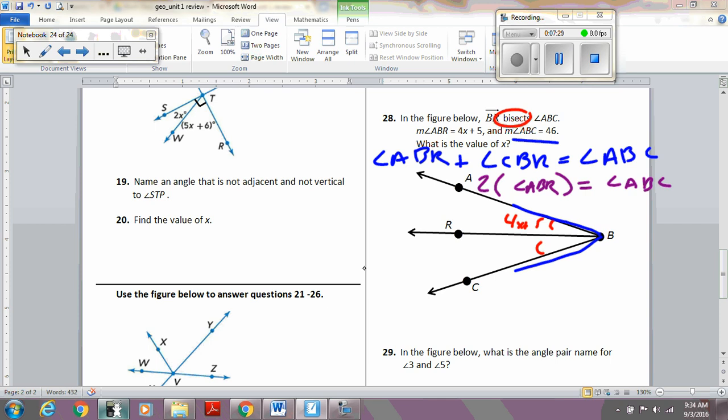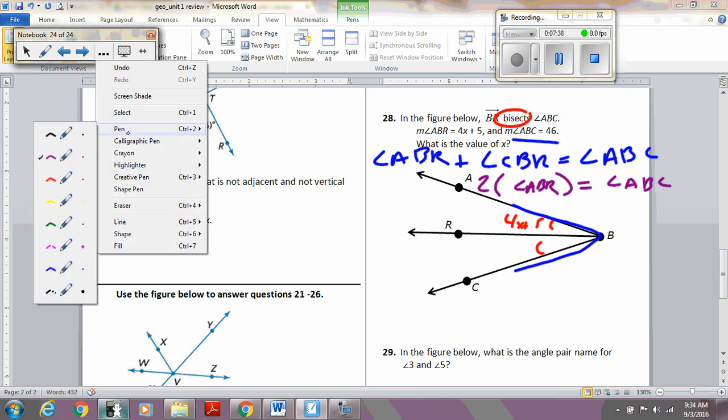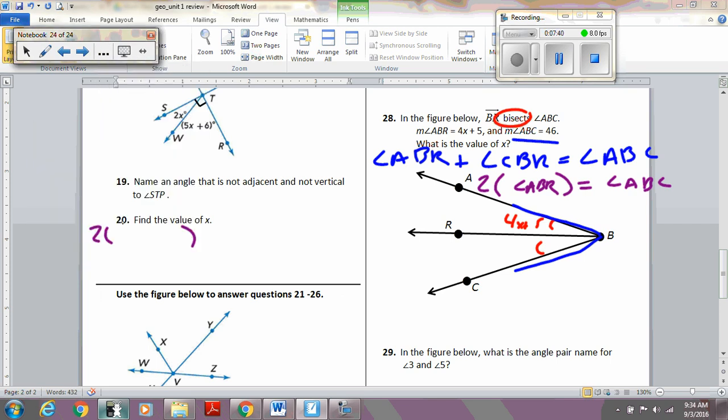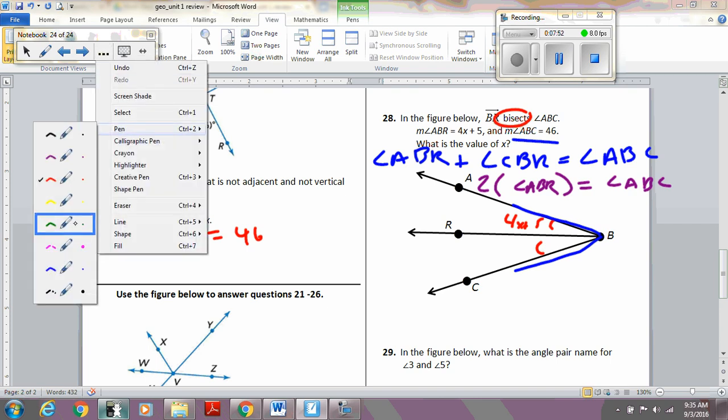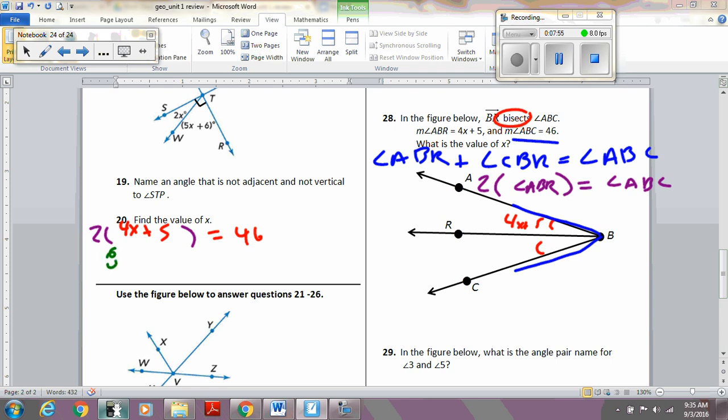Knowing that, I'm going to solve it over here in this extra space. So that would be 2 times 4x plus 5 is equal to 46, which is ABC. So now distribute the 2, and you would get 8x plus 10 equals 46.